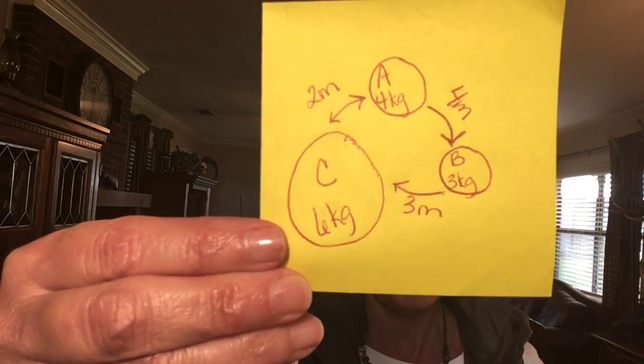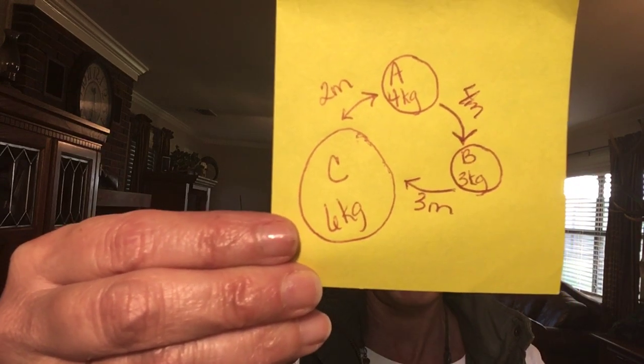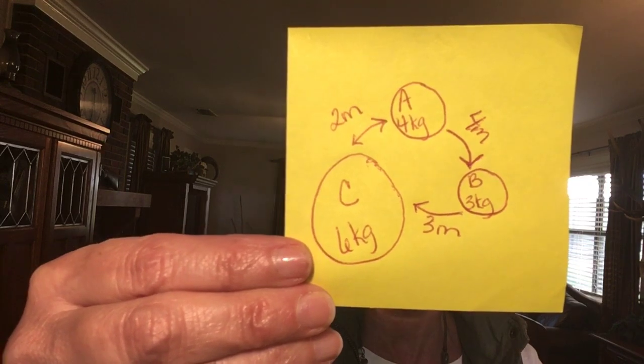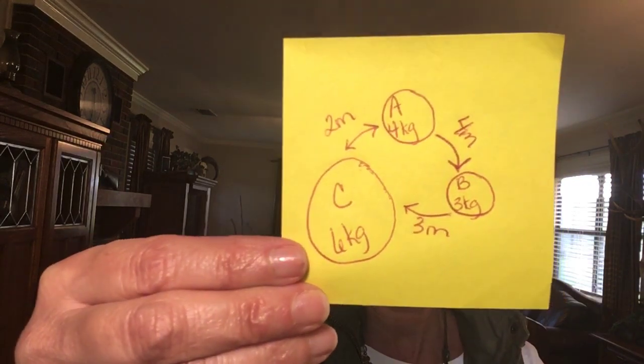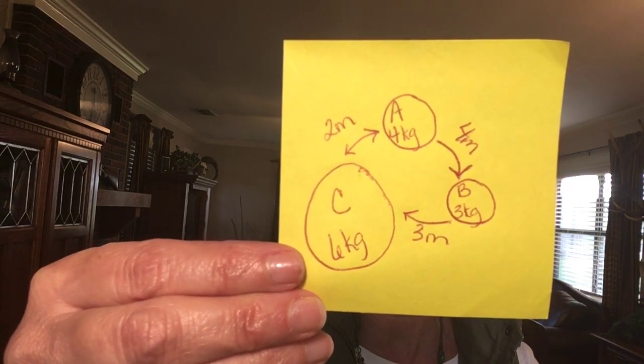So it says that A weighs 4 kilograms, B weighs 3 kilograms, and C weighs 6 kilograms. So obviously I drew C larger because it has more mass. Now, because C has more mass, it's also going to have more of a gravitational pull.